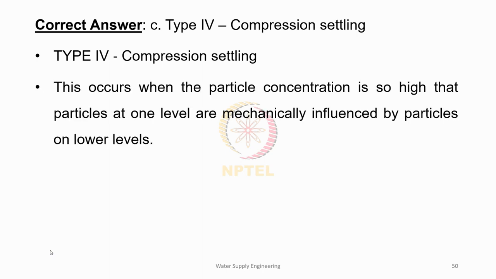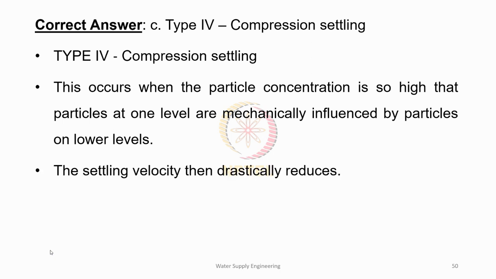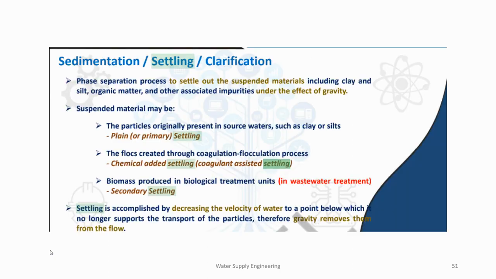This occurs when the particle concentration is so high that particles at one level are mechanically influenced by particles at the lower level. So then the settling velocity reduces.